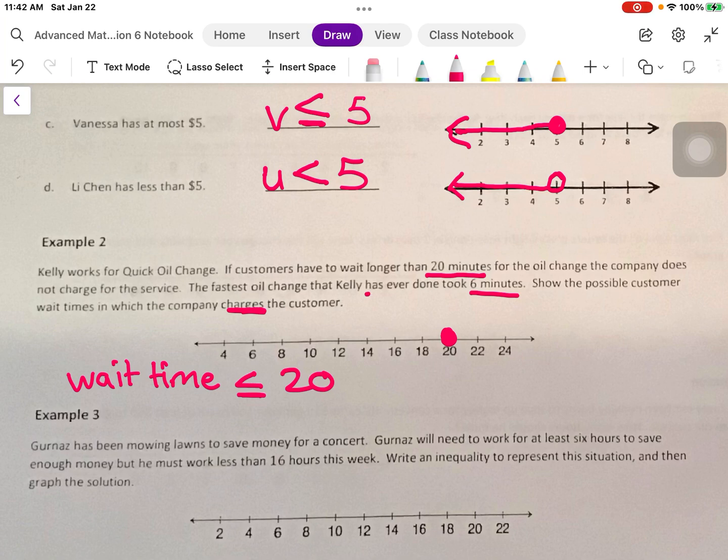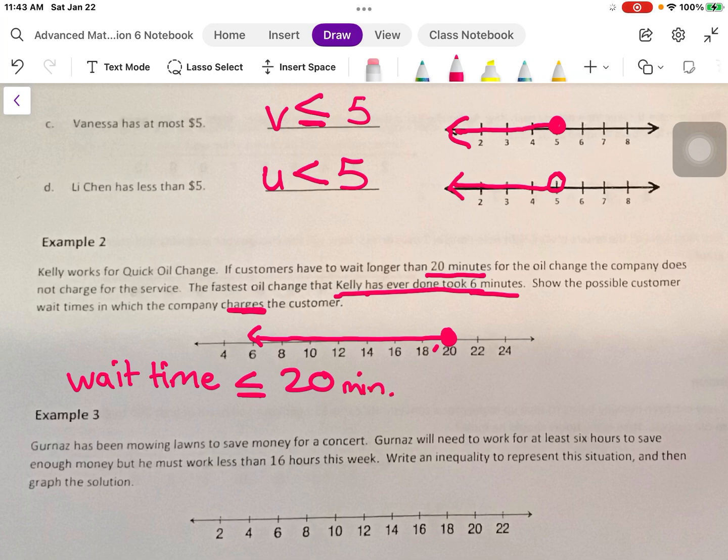Now that it says Kelly, the fastest that they've ever done is 6 minutes. So this time I'm going to draw my arrow specifically to 6 minutes. It could be less. Maybe they have a really, really fast day, but because it mentions 6 minutes, I'm going to go ahead and put it in there just like that. And we're going to show that the wait time would be less than or equal to 20 minutes.